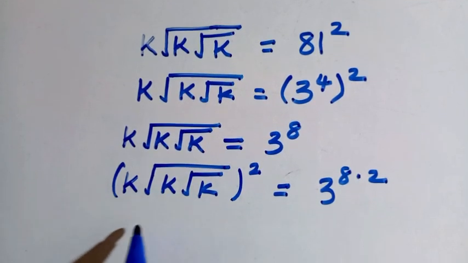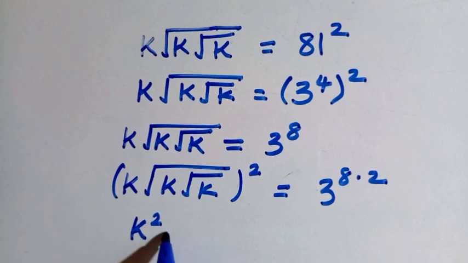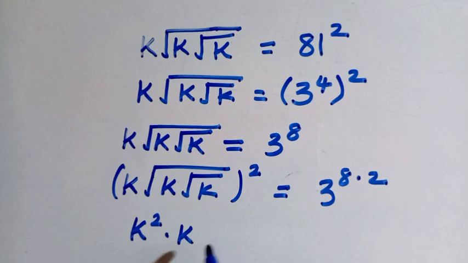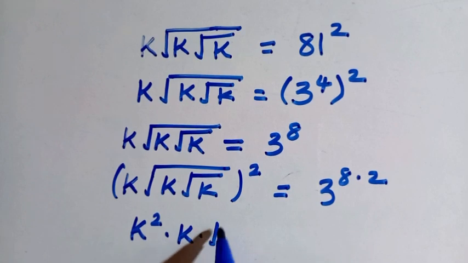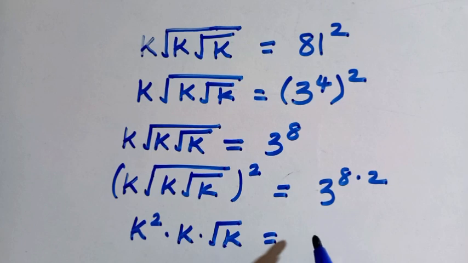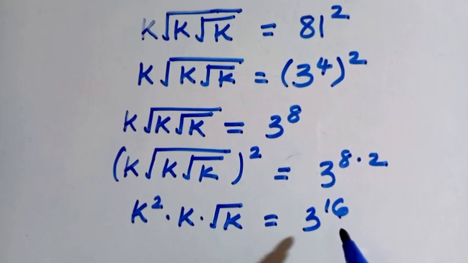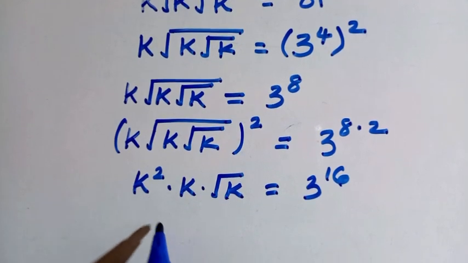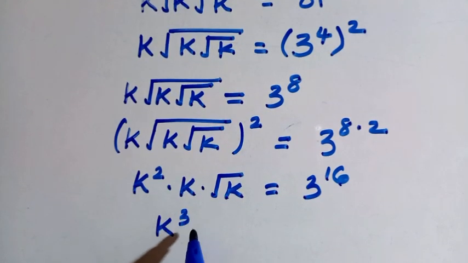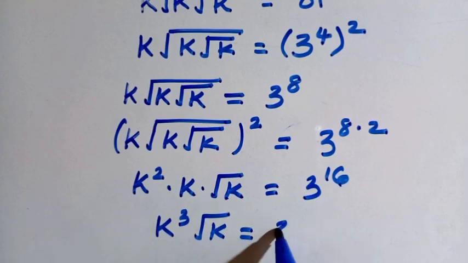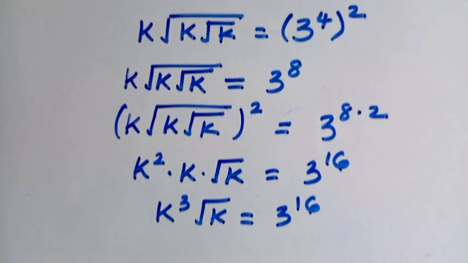So here k we take squared, we have k squared multiplied by, so this root will cancel this, and we have multiplied by k multiplied by square root of k. So only this square root will remain, and this equals 3 raised to power 16. And again, when we multiply k raised to power 2 by k, we get k raised to power 3 multiplied by square root of k equals 3 raised to power of 16.